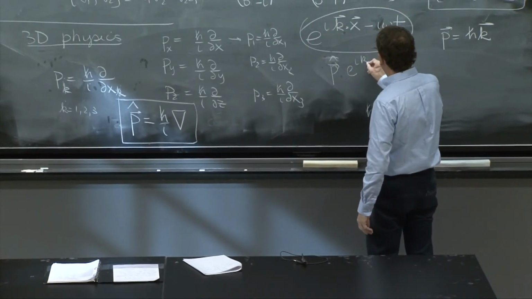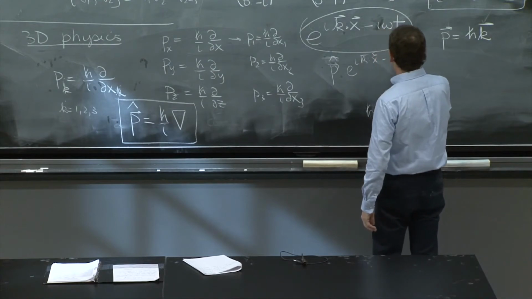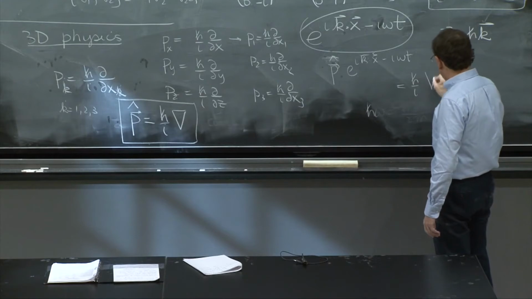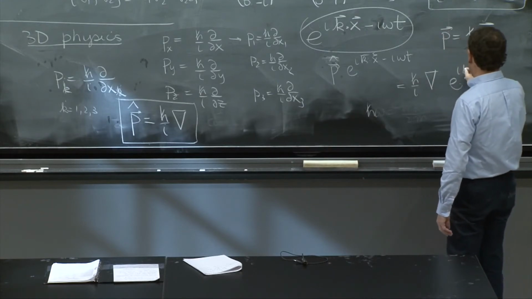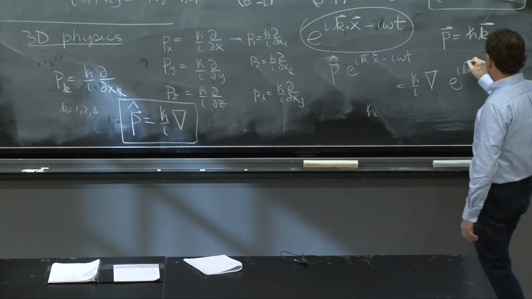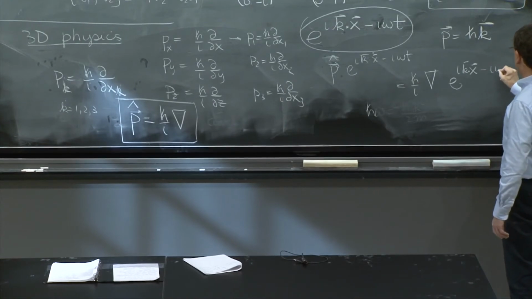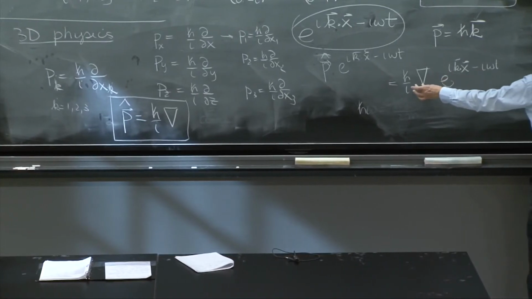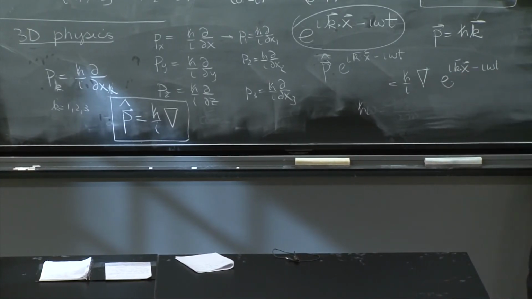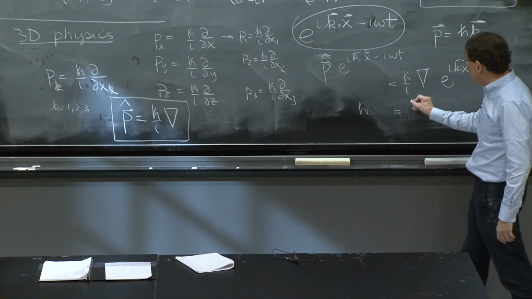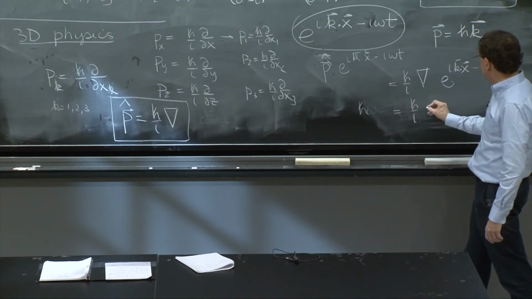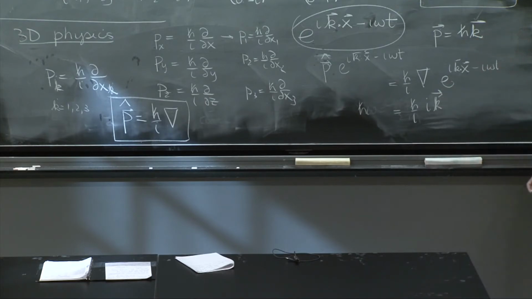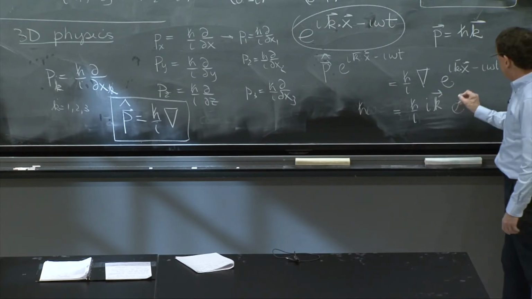that would be h bar over i, the gradient acting on e to the i k vector dot x vector minus i omega t. And the gradient acting on this gives you a vector. So you can do it component by component, but this gives you i k vector times the same wave function.